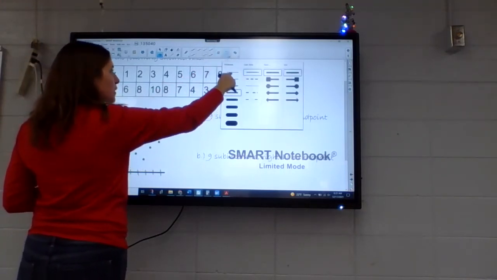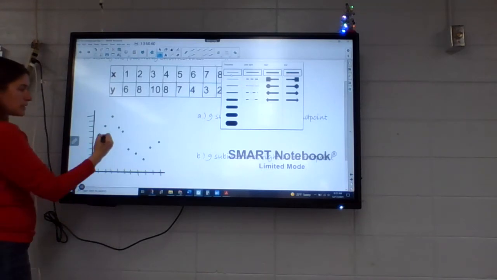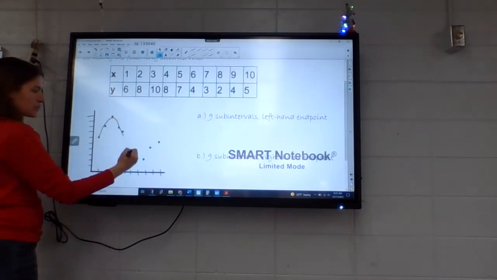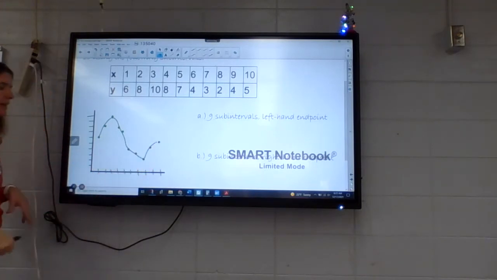You can connect the dots. We don't really know what happens between these points. It could be a crazy zigzag line in between. But if we just connect them, it helps us to see what the shape looks like.